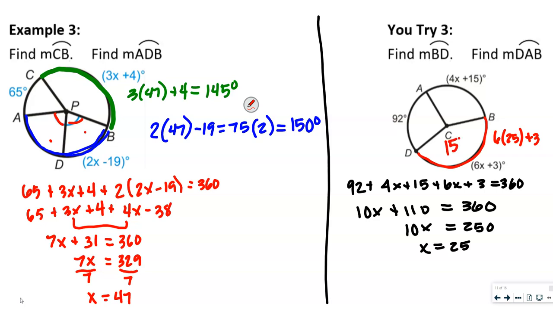So this one would be 153, right? Then, yes, let's go ahead and do the top one, which is asking us for DAB. And honestly, what we could do here is just subtract the 153, right, from the 360. But let's go ahead and find what this is. 4 times 25 is 100, right? Plus 15 is 115. And if we add the 92 plus the 115, that is 207, right? Okay.